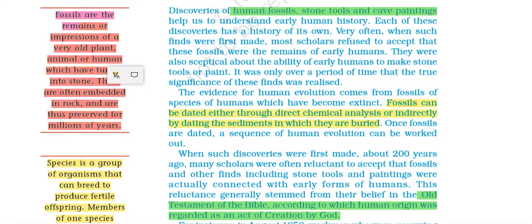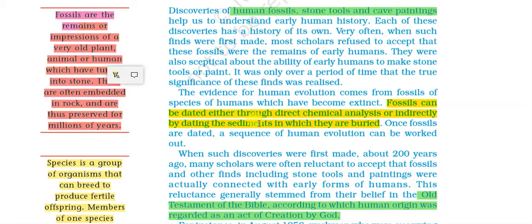Now, there are two methods to do it. Number one, as you can see in the yellow highlighted part, the first way is through direct chemical analysis. There are ways to find out the age of the sediments through direct chemical analysis. Or there is another way: instead of finding the age of the rock, we find the age of the sediments that made that rock.